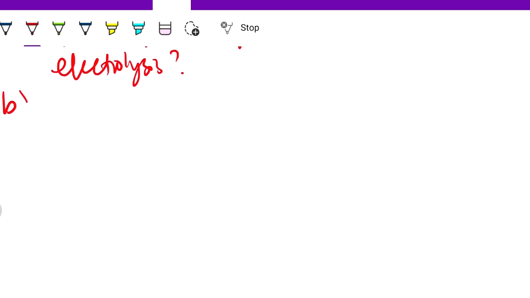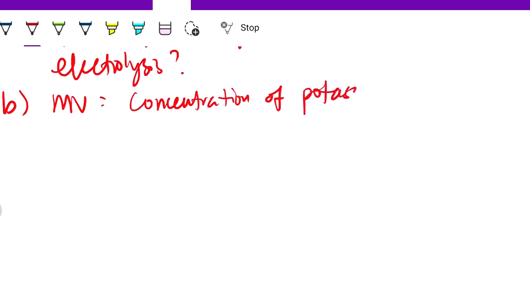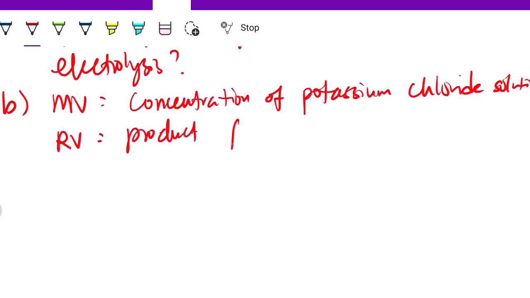Our manipulated variable is the concentration of potassium chloride solution. Our responding variable will be the products formed at the anode.